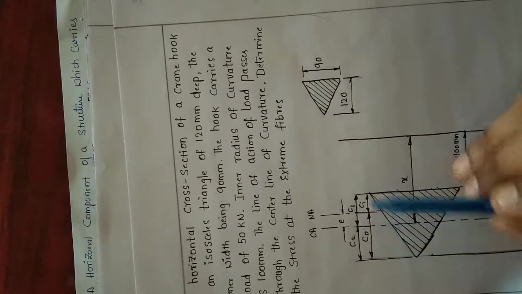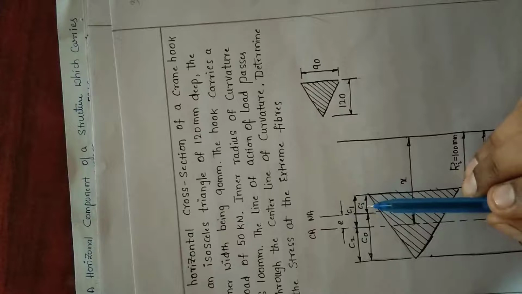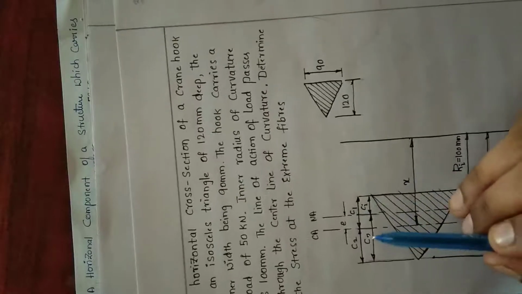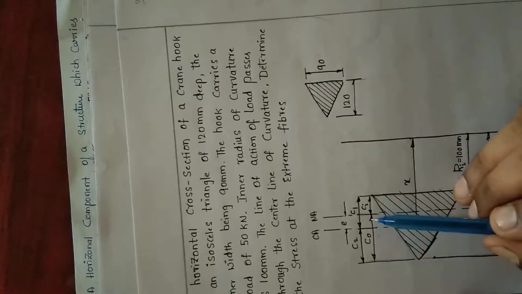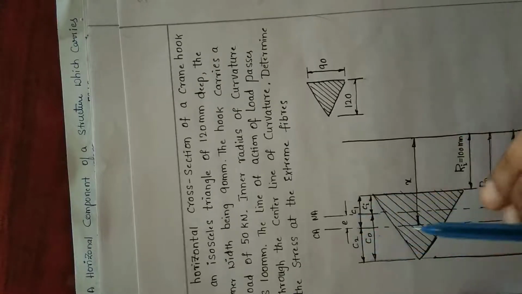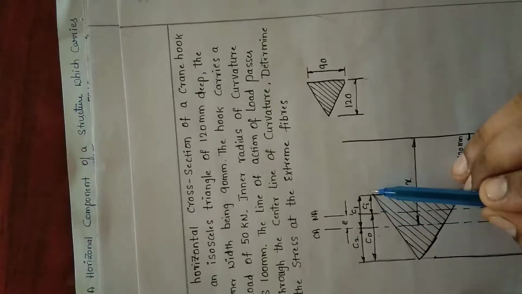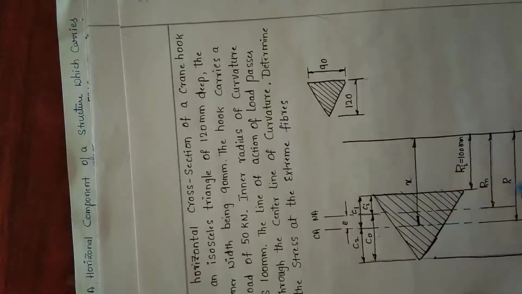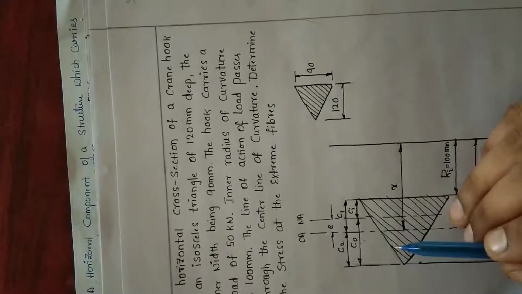C1 minus E gives me Ci, or C naught, how can I find, C2 plus E, or I can find C2 as H minus Ci. Okay, H minus Ci also I can find, or however I can find.